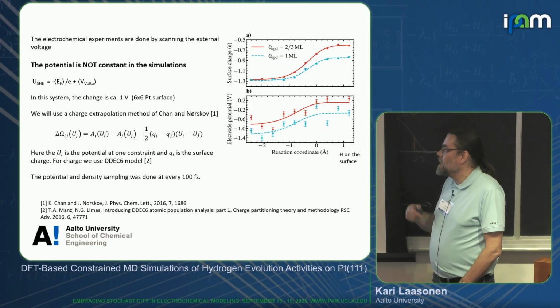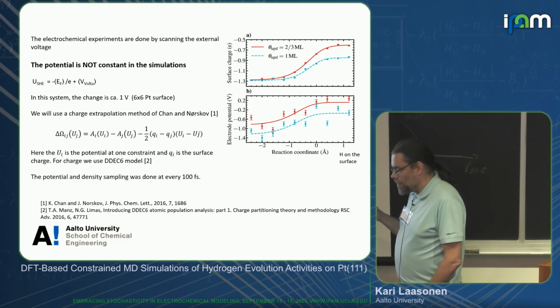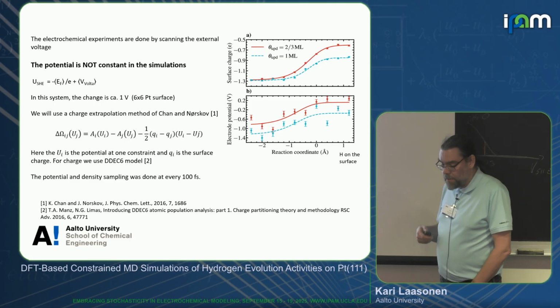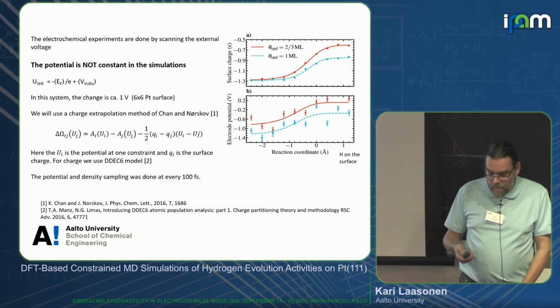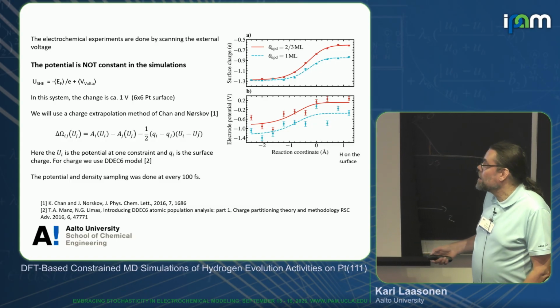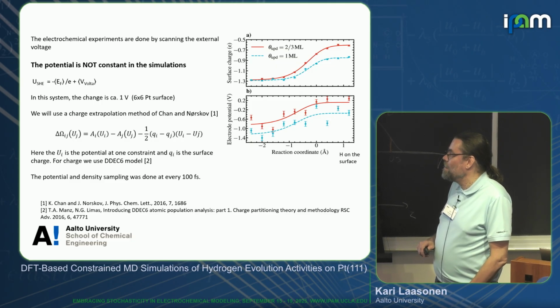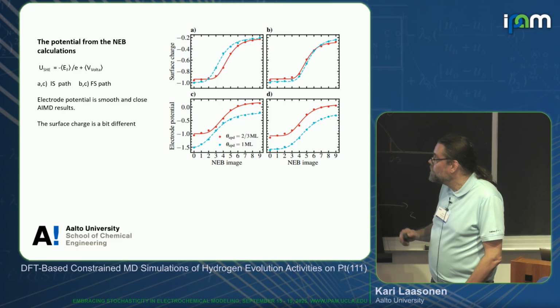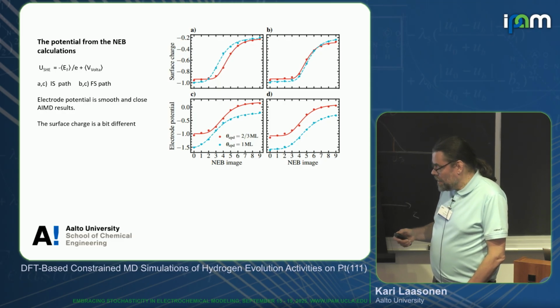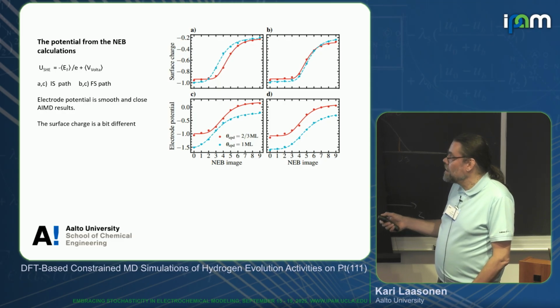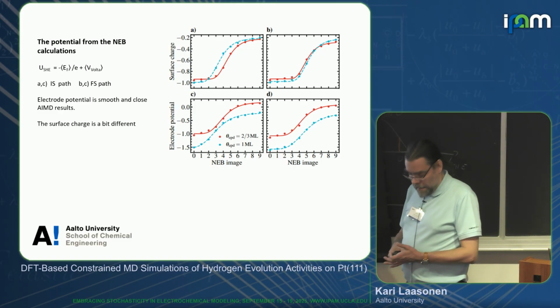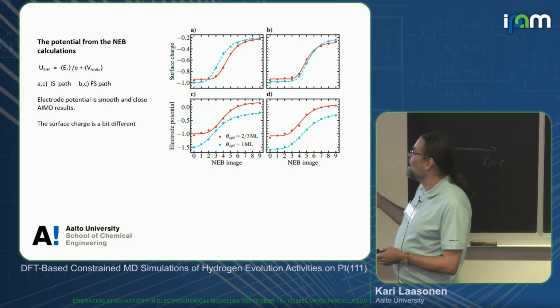And this is nice, because it can be done without any extra tricks. You can use very standard ab initio MD codes. You don't need any constant potential ab initio MD methods. We found that also convenient. This NEB calculation, I kind of forgot that we have it in the paper.